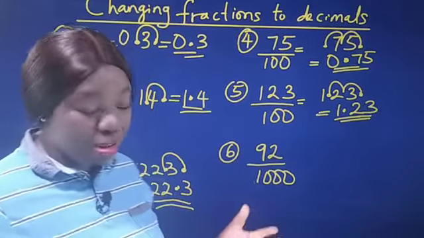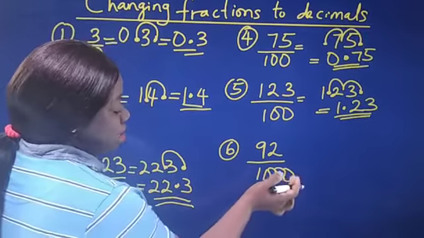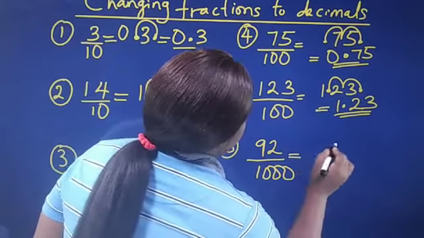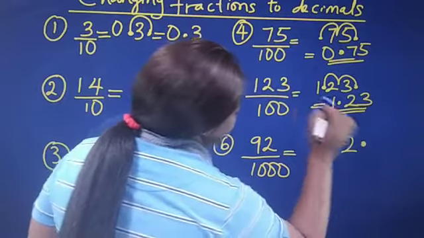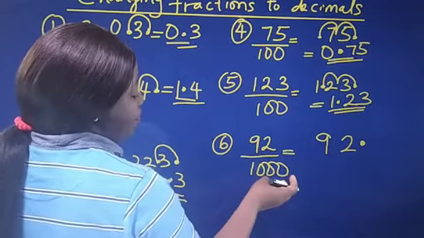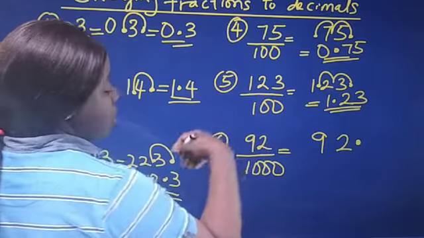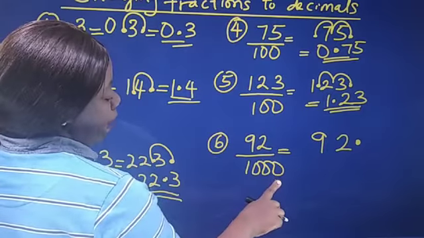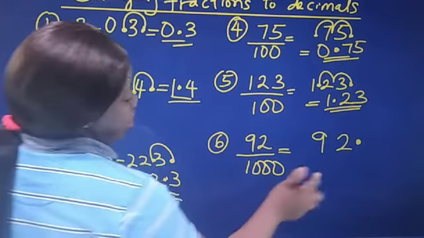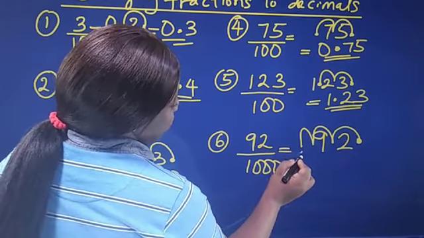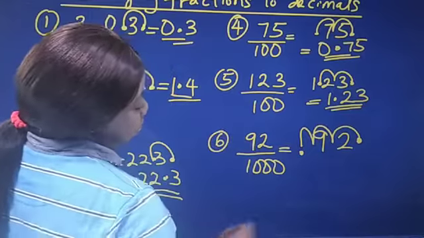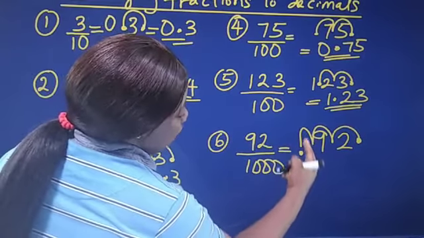Now look at the next one. Dividing by 1000. 1000 has 3 zeros. Write down 92. Introduce a decimal point. Because we are dividing by powers of 10, count to the left. How many times? 1, 2, 3. It has 3 zeros. So the decimal point has been shifted here. What happens to this empty space?